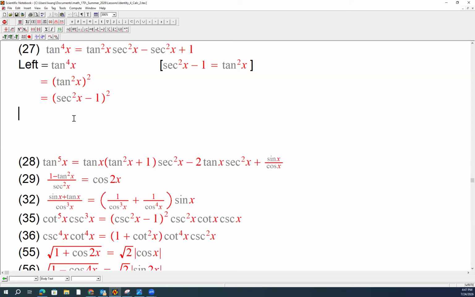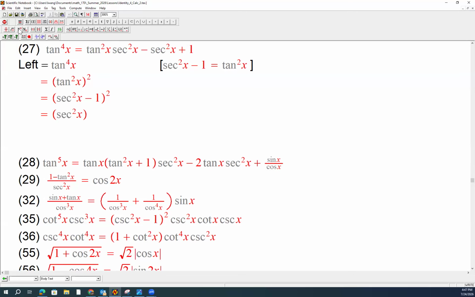And then we're going to square these. So we're going to get secant squared and squared again, minus 2ab, 2 times secant squared, plus 1.